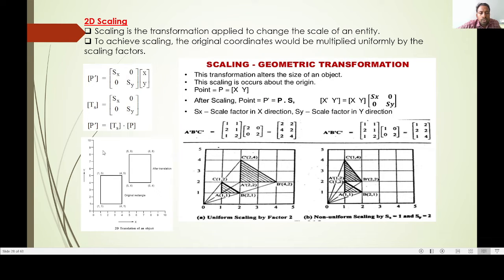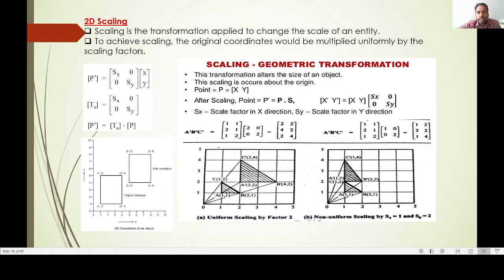This is the 2D scaling of an object with respect to the x and y axis. This transformation alters the size of the object, which I already told. The scaling occurs about the origin. The scaling process occurs at the origin, where the point is represented by x comma y.